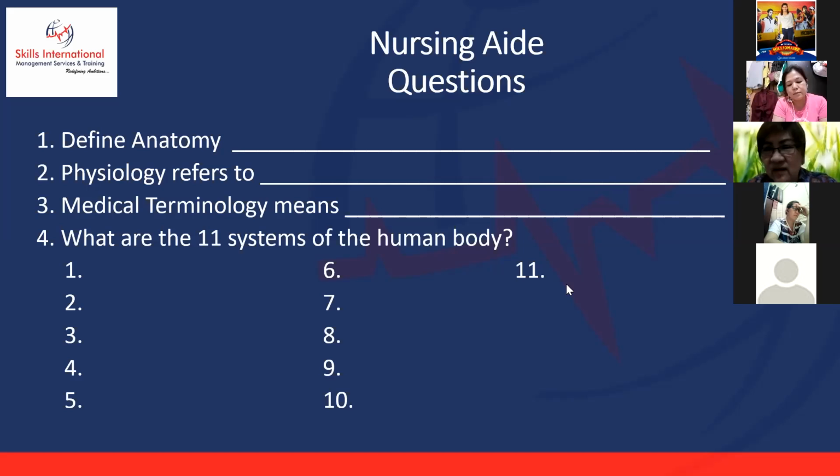So the rest of the systems of the human body. Can you just give the 3, Jennifer? The remaining 3, we have 11, so she has given 4.